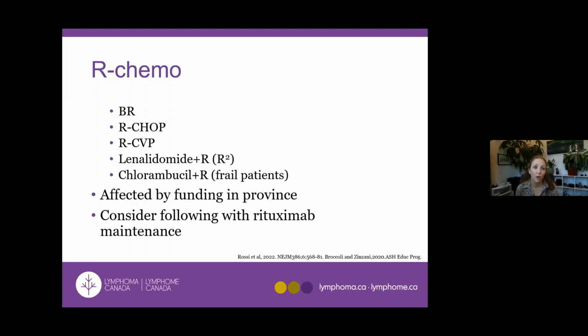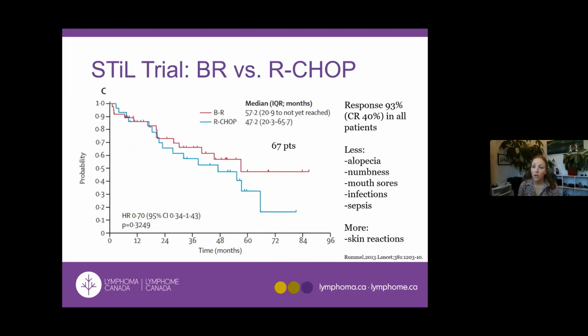And then there's other combinations that we think about for more frail individuals, which include lenalidomide plus rituximab, which is called R squared, or chlorambucil plus rituximab. I should mention that there's large variation in funding according to provinces. So my experience predominantly has been in the Ontario cancer system, so that might be a bit different from your own province.